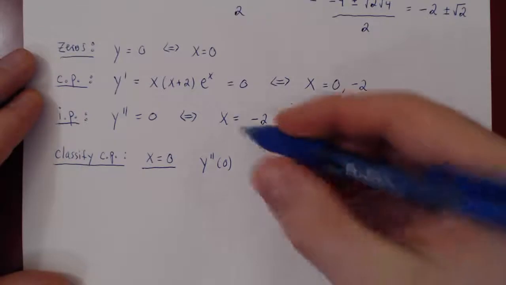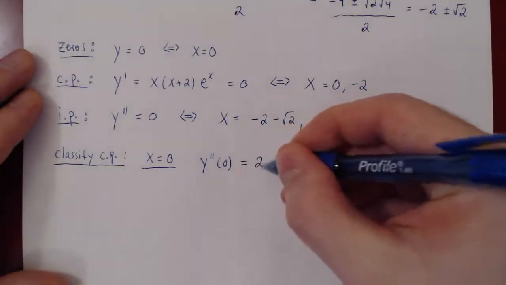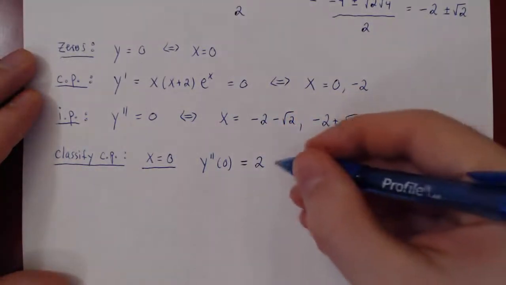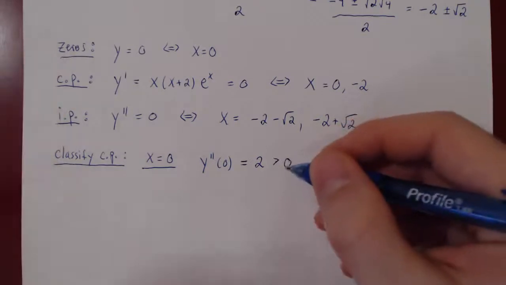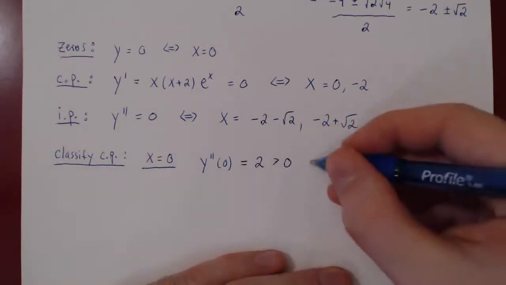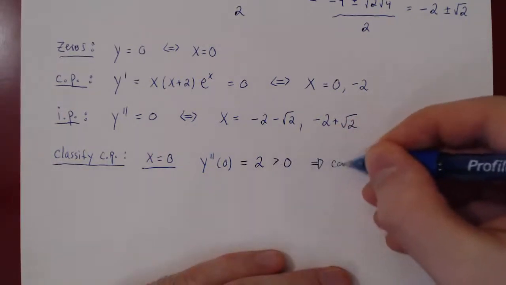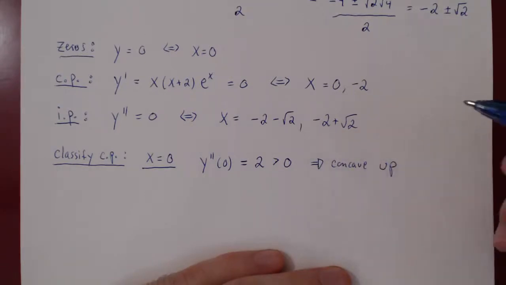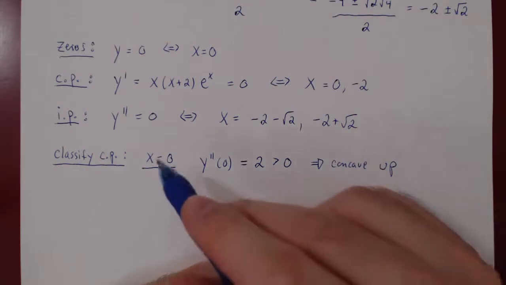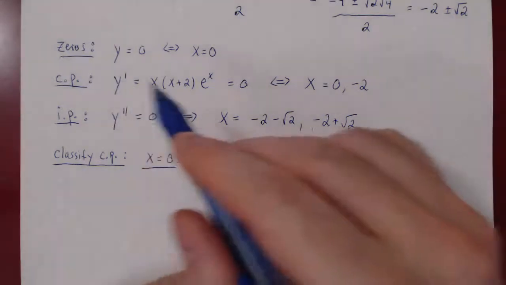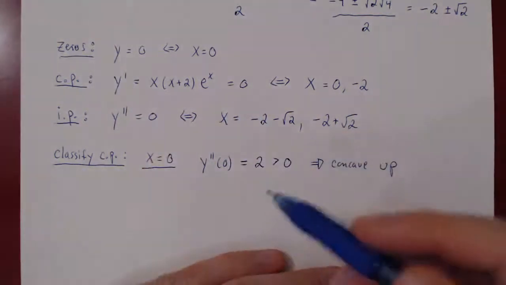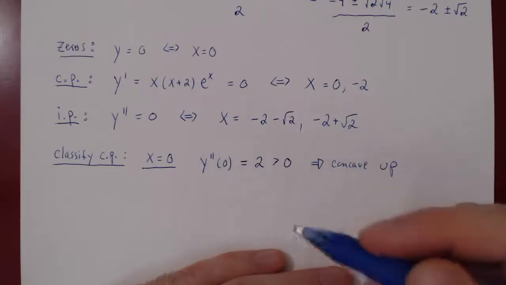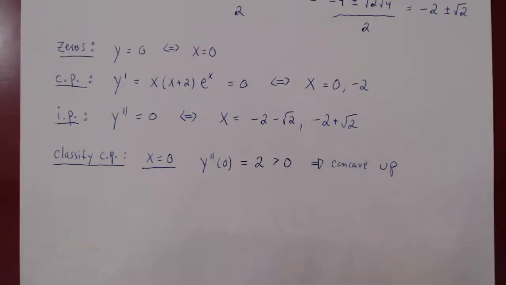So the second derivative at x equals 0 equals 2. We don't care that it's 2, but that it is positive. Therefore, the curve is concave up at x equals 0. And because x equals 0 is a point where the derivative is 0, the curve will be flat there and concave up. Therefore, we have a local minimum.